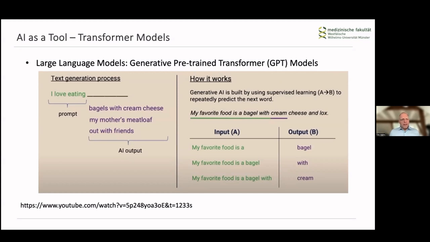And the interesting thing that turned out about 5 years ago, when the first of these transformer models came out, is that if you do that, those models get quite good at this kind of prediction of the next word. And if you now feed in the sentence with a predicted word, then you can make a prediction about the next one and the next one and the next one.